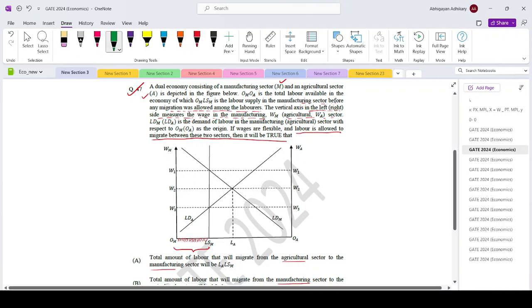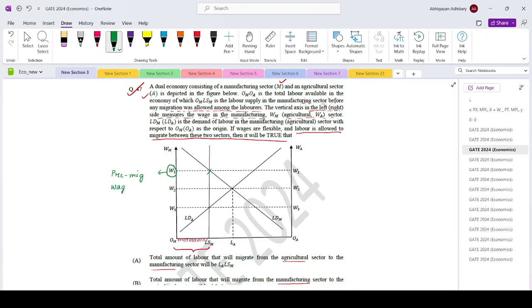So initially, when no migration was allowed, OMLSM was the amount of labor in the manufacturing sector, right? So given this is the amount of labor, this W1 is the pre-migration wage in the manufacturing sector, right?